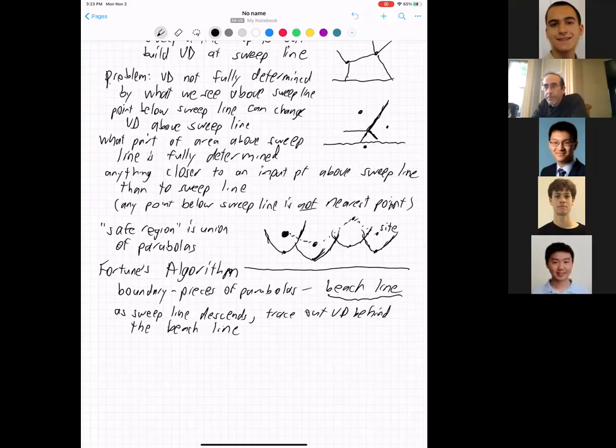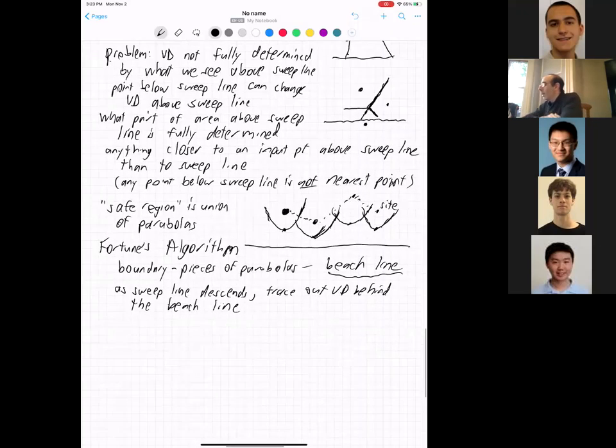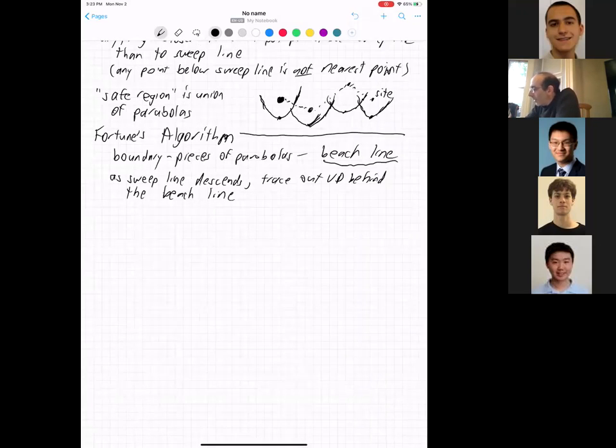Clear? So the work of this algorithm is going to be to keep track of the beach line. Okay, so let's start thinking about that.